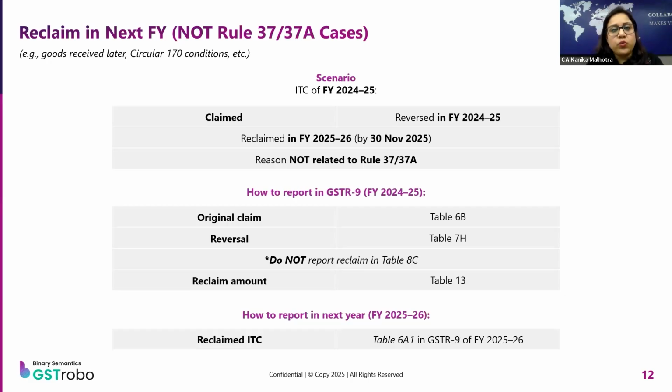So this whole scenario will, I think, chalk out all the explanations and confusions on how we're going to deal in 24-25, and what implications you need to take in the 25-26 GSTR-9. You can take a screenshot of this so that you can have a better understanding of how you need to relate it. Now, moving on to the next example.